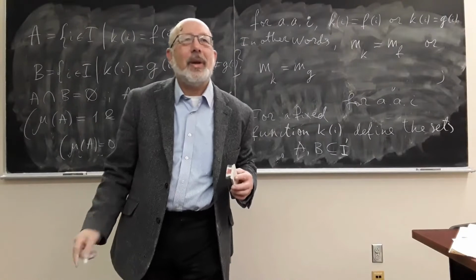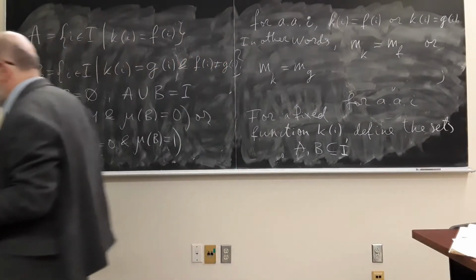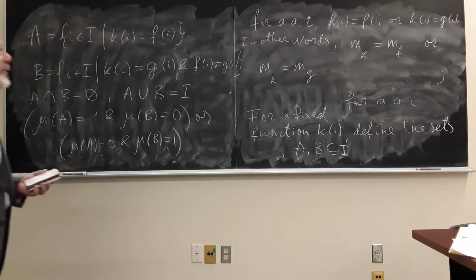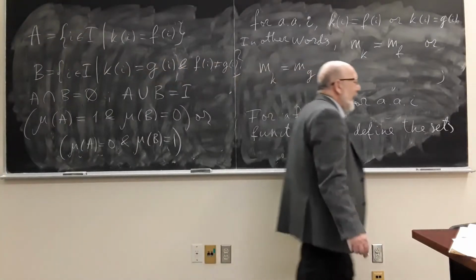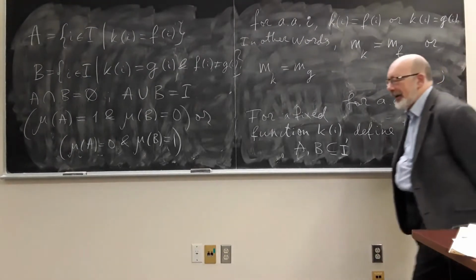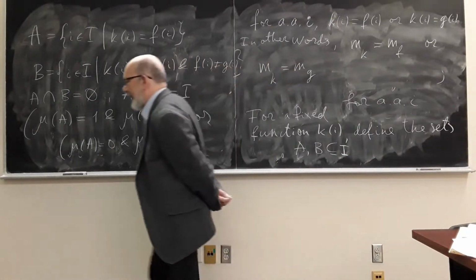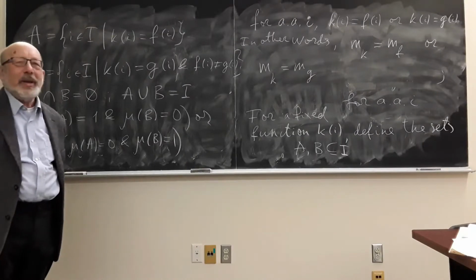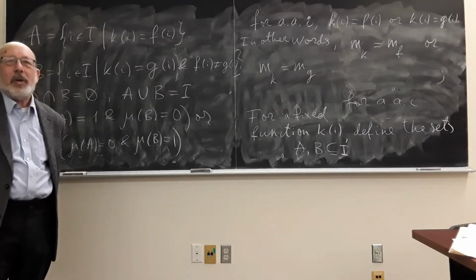Here is the great role of the ultrafilter property, that any set is in the ultrafilter or its complement is, not both but one of them. And so for any sequence K of I, its element mK is either mF or mG.